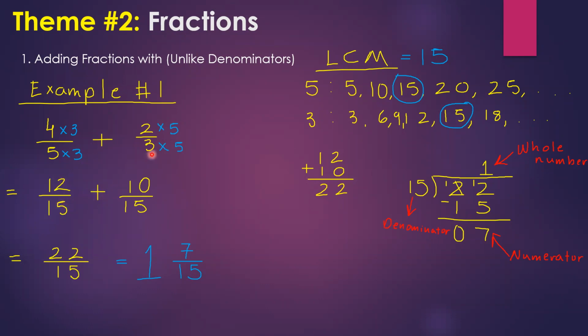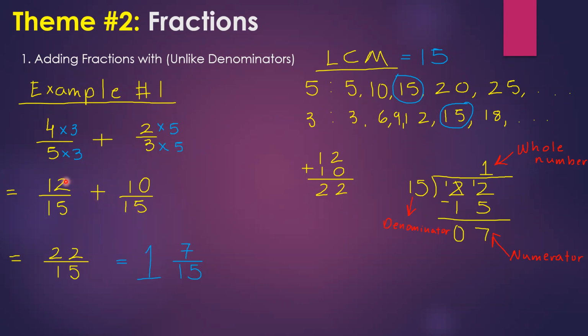Then for 2 over 3, how much times does 3 go into 15? Listen carefully. 5 times. Good. So you do 3 times 5 and 2 times 5, and you get 10 over 15.